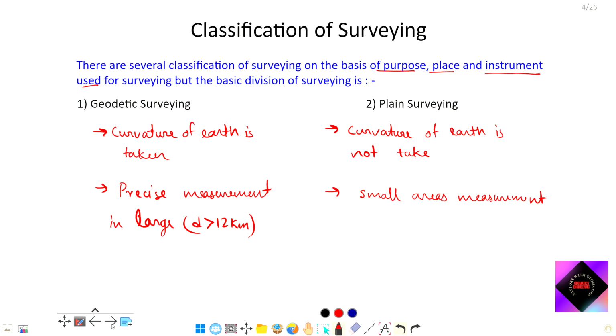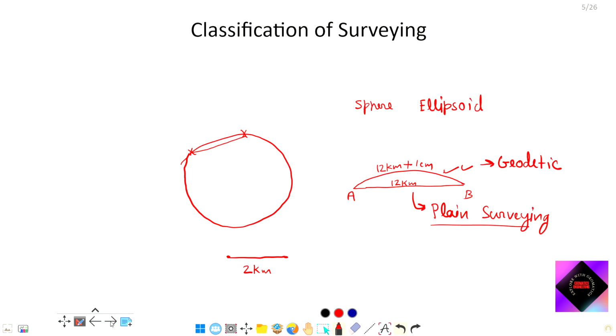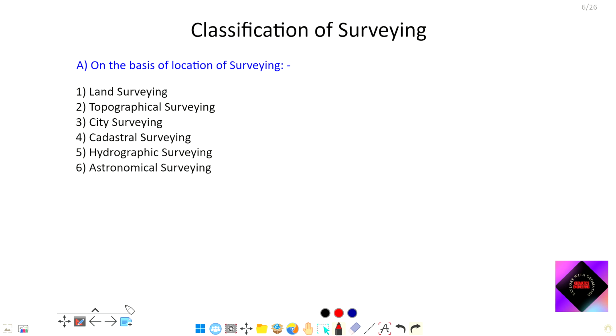Next, moving further, the various types of survey on different bases. Starting with the basis of location, we will not go into detailed definitions, just understand that any surveying on land comes under land surveying. Then topographical surveying means surveying which deals with the topology of the earth.